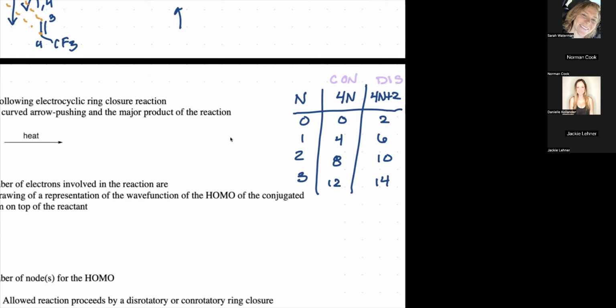Just a side note, when we get there, anything that is conrotatory is an SS, a supra-intra, and this is supra-supra or intra-intra. But we'll get there, I'm just writing this on here so we have it to look back to.